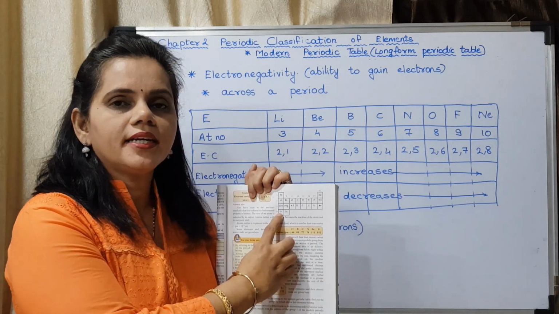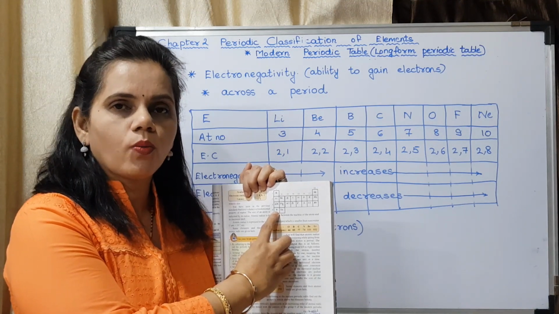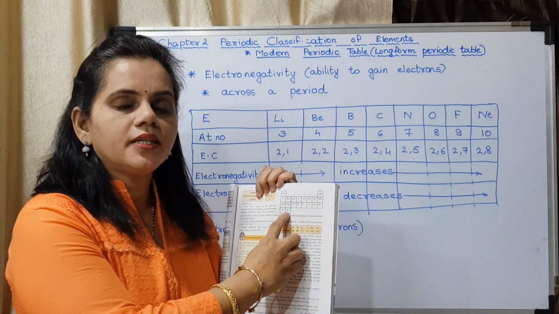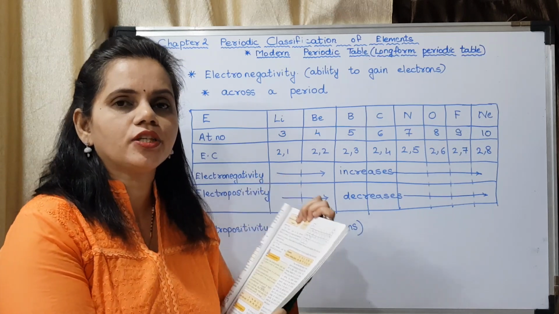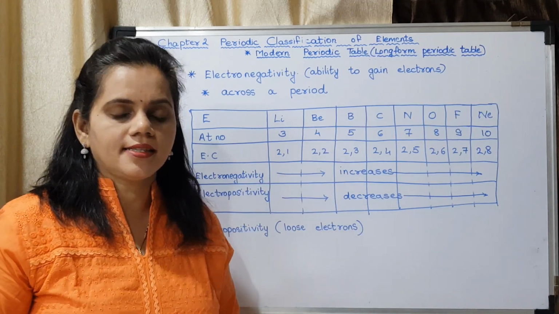For potassium it is 2,8,8,1 and for calcium it is 2,8,8,2. You may check your answers.